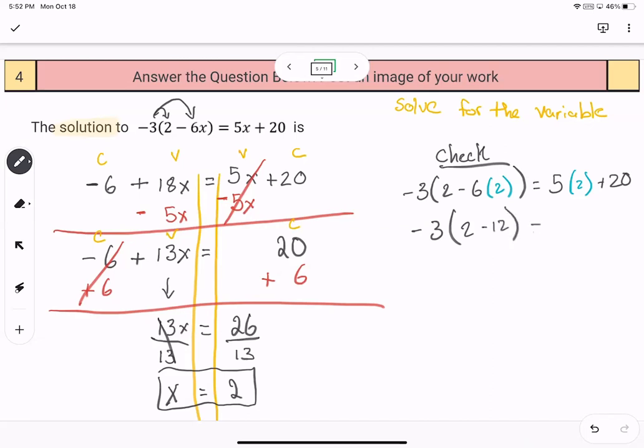So 2 minus 12 is equal to 5 times 2 is 10 plus 20. Here we have -3. 2 minus 12 is -10 is equal to 10 plus 20 is 30. And now we have -3 times -10 is positive 30. And 30 is equal to 30. That means our solution is x equals 2.